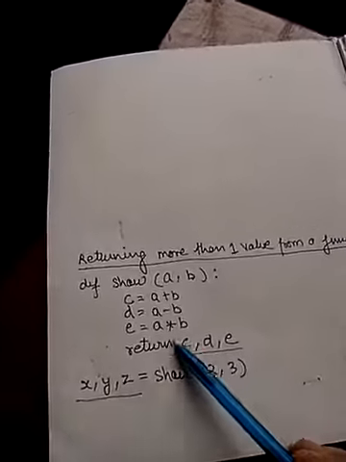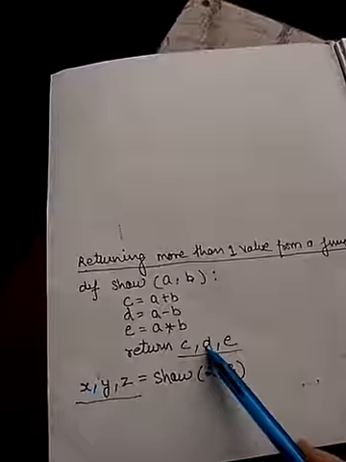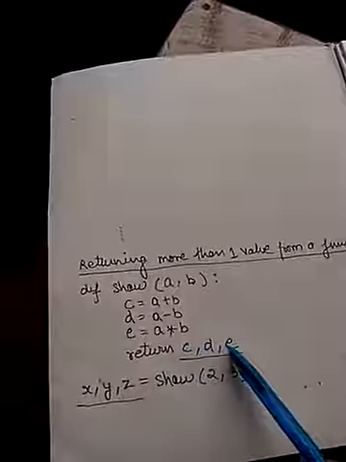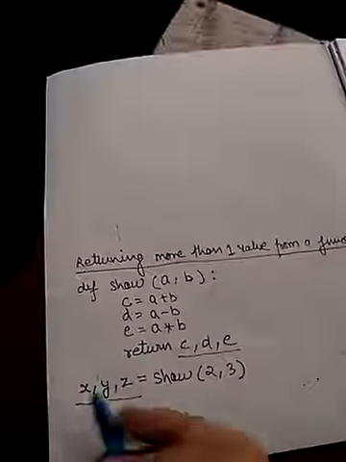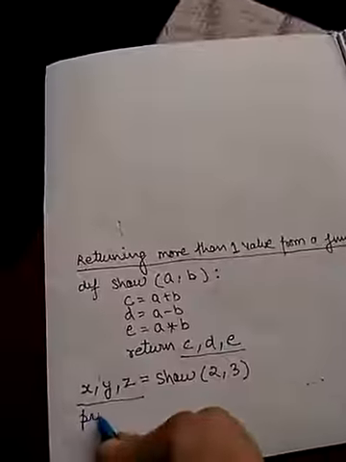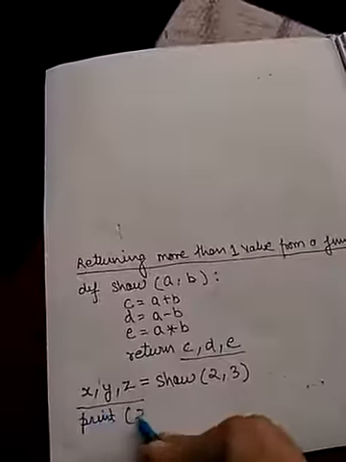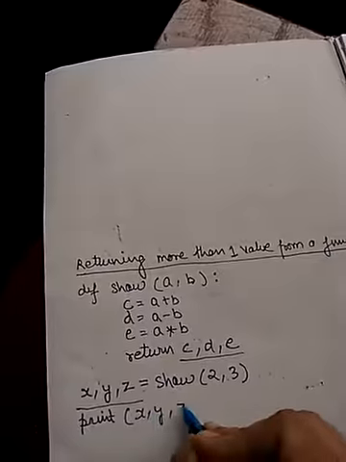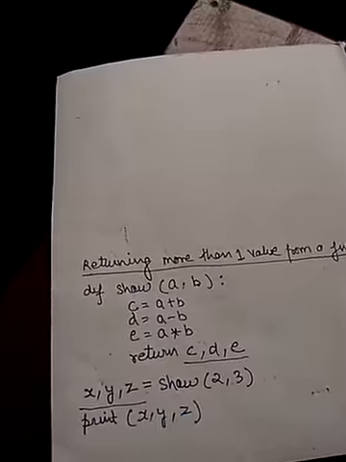Means c will be in x, d will be in y and e will be in z. If you write here print x, y, z, you will get the answer.